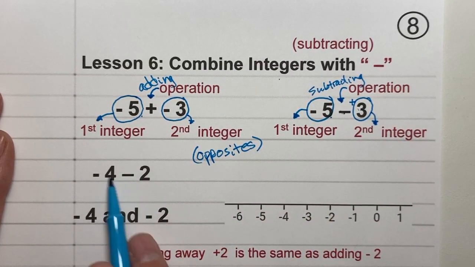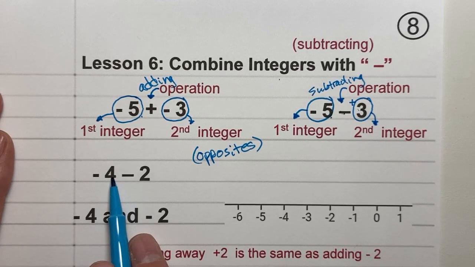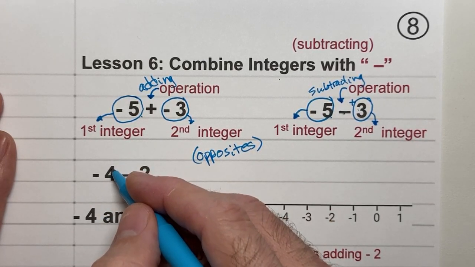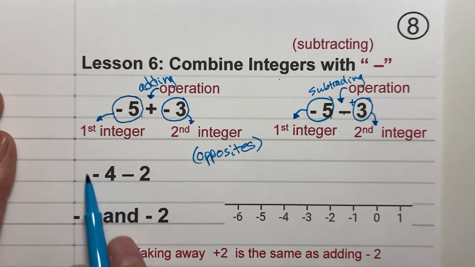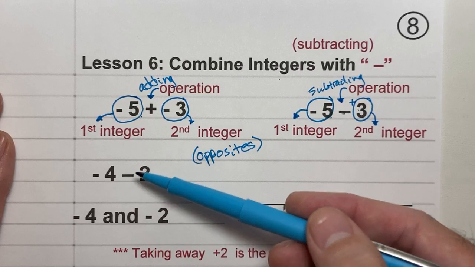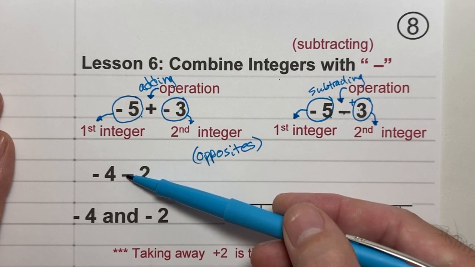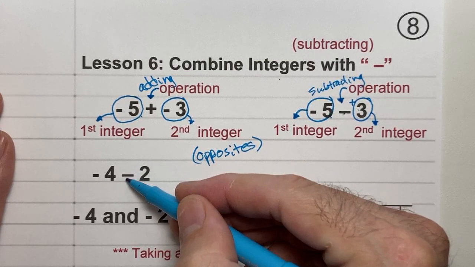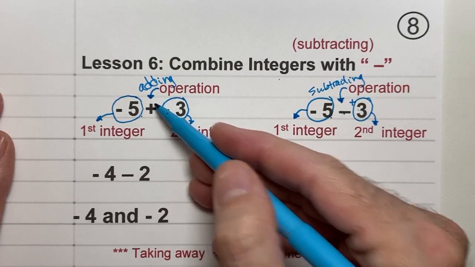If we look at this first subtraction problem, we identify the first integer, and we have -4. That's not going to change. What we can do is take this subtraction and think of it as the opposite of addition.